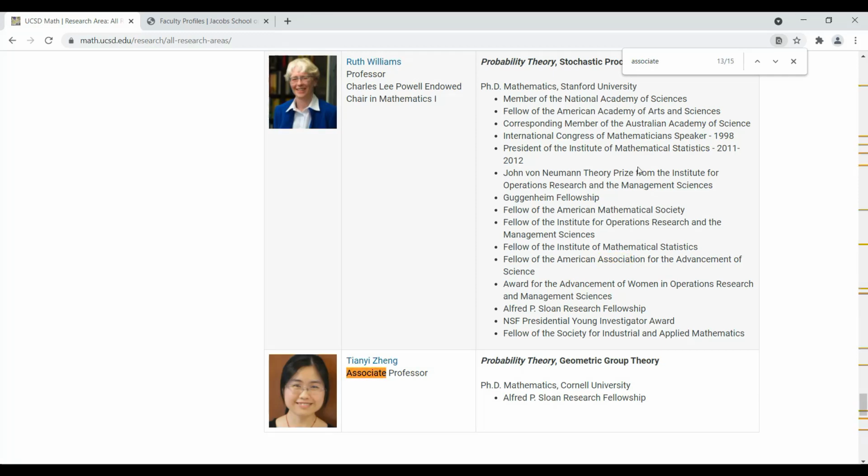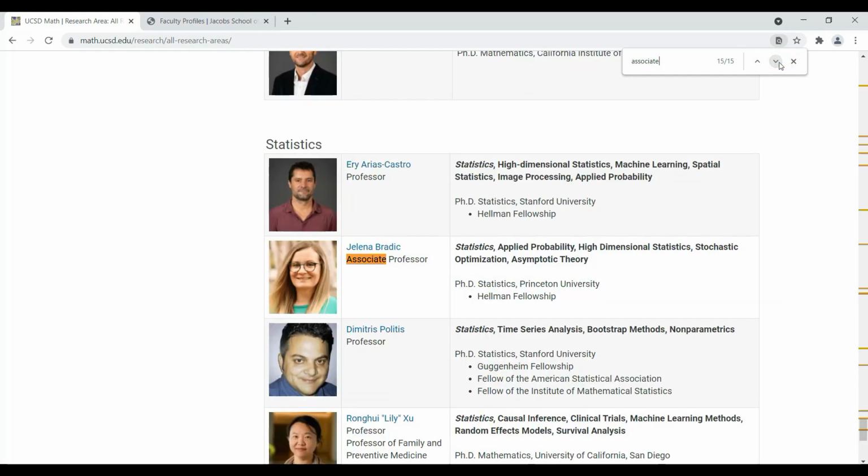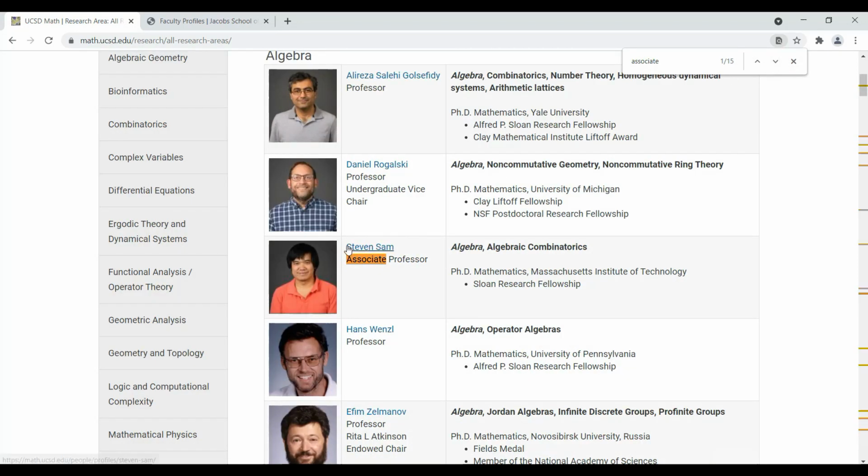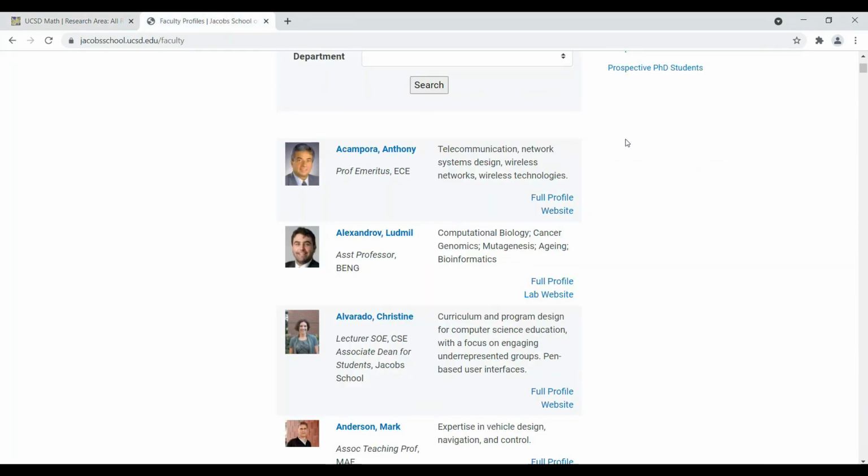Here are the 15 results, starting from Stephen Sam and others. And in this Jacobs School of Engineering, in the CSE department, or you can say the computer science department, we have to find the assistant professor.